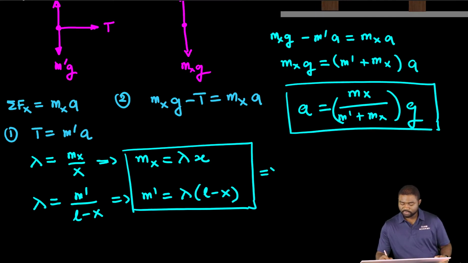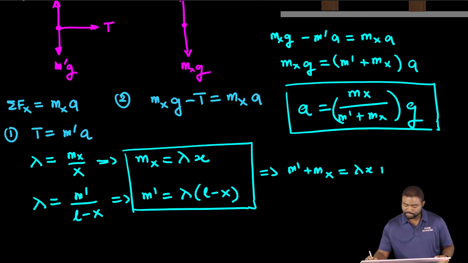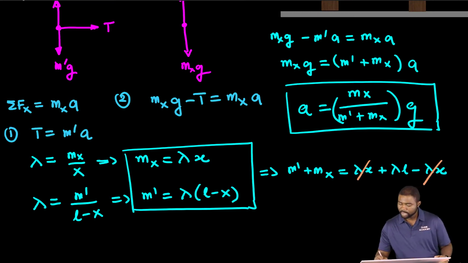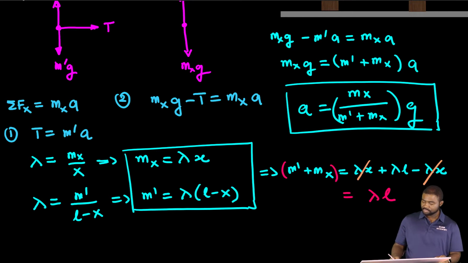Hence, we can see that M prime plus mx will be equal to lambda x plus lambda L minus lambda x. The lambda x will cancel out, and all of these will be equal to lambda L. Now, isn't that beautiful?